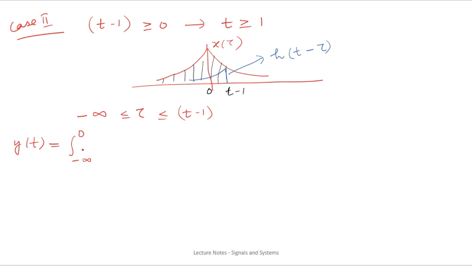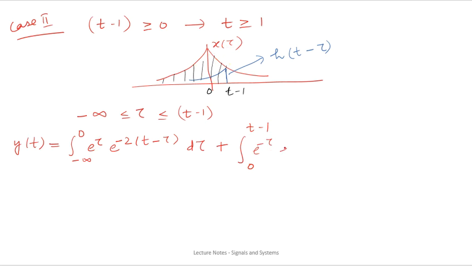From minus infinity to 0, this will be e raised to the power tau, and then the second function, which is e raised to the power minus twice (t minus tau) d tau, plus from 0 to t minus 1, because on the right side of 0 this x(tau) is changing. On the left side it is e raised to the power tau, and on the right side it is e raised to the power minus tau.